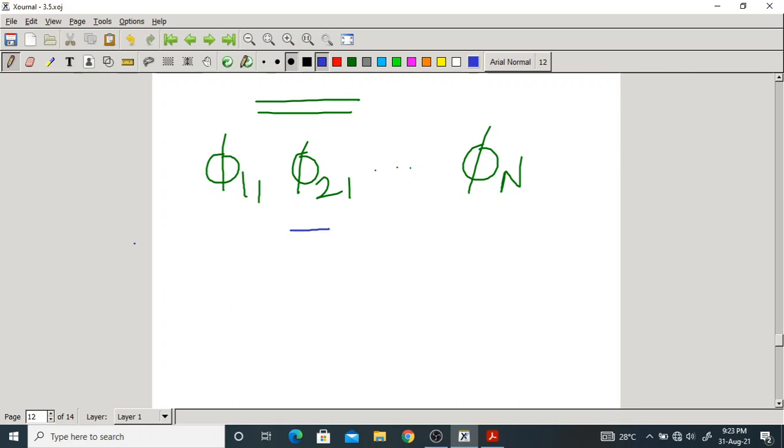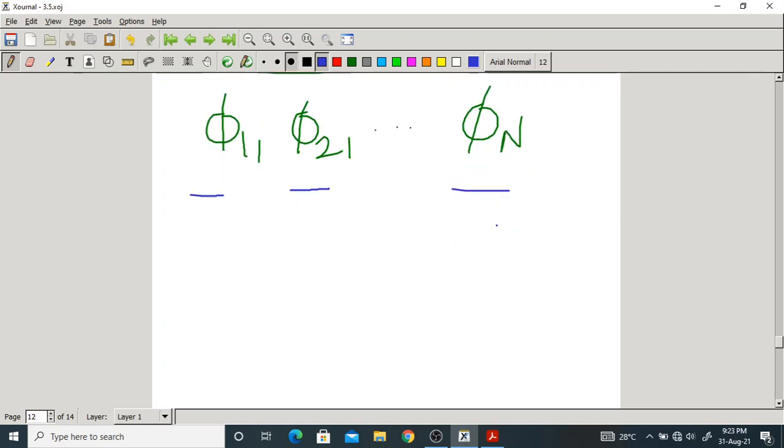Along with that, each and every basis function has unit energy. Then they're called orthonormal. So if I take the inner product of phi1 and phi2, if it is 0, obviously phi1 and phi2 are said to be orthogonal. If the inner product is 0, they are said to be orthogonal.